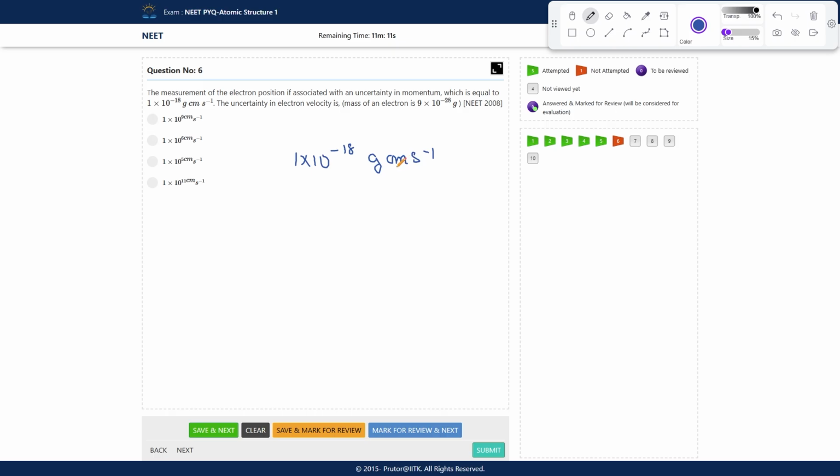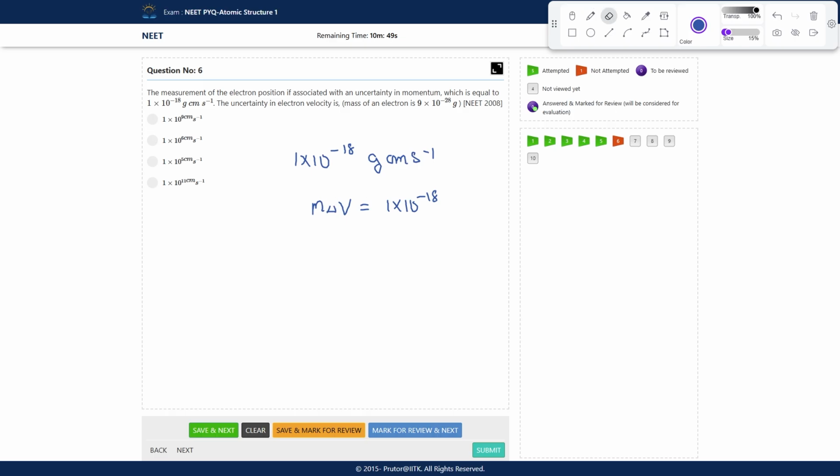So we are already given what? We are given this uncertainty in momentum. So m delta v is given. It is equal to 1 into 10 to the power minus 18. Now we have to calculate the uncertainty in velocity.